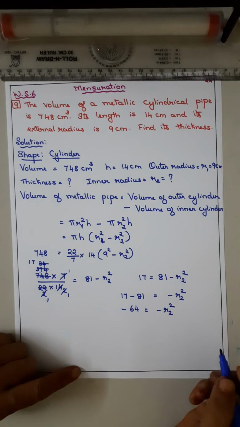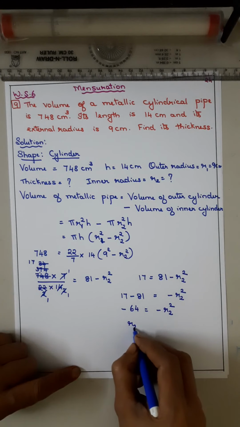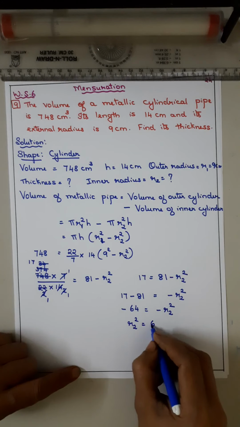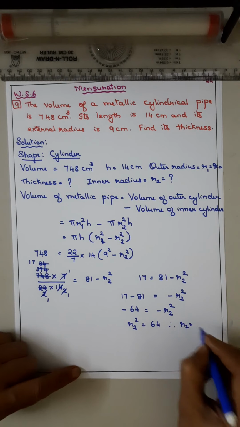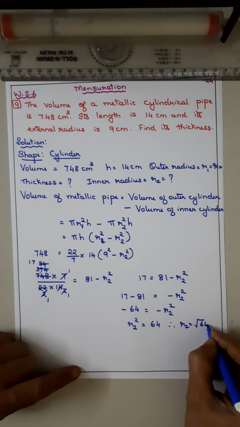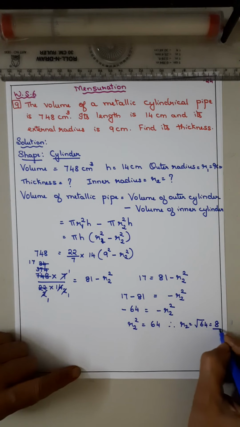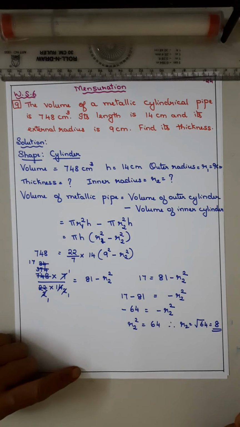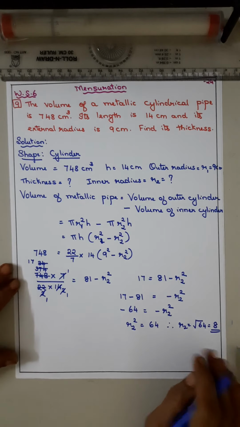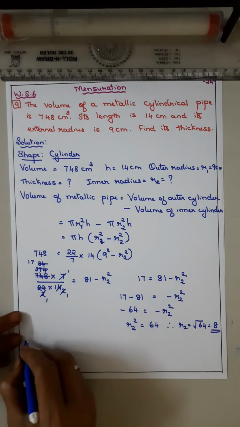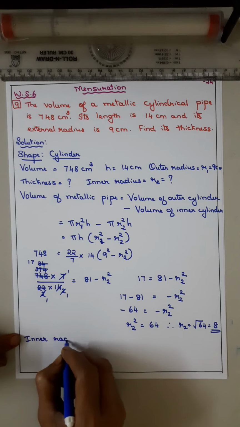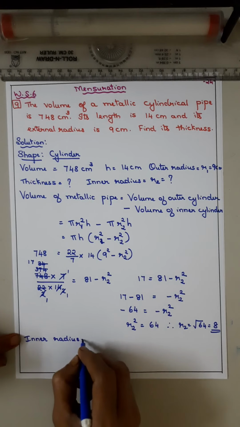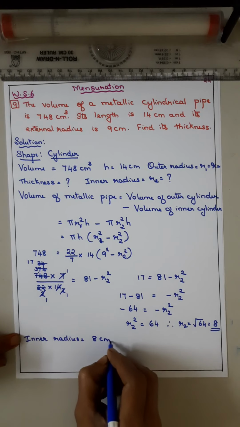Minus minus gets cancelled. So r2 squared will be 64. So r2 is equal to square root of 64. It is 8. So the r2 is what? Inner radius. Inner radius is equal to 8 centimeter.